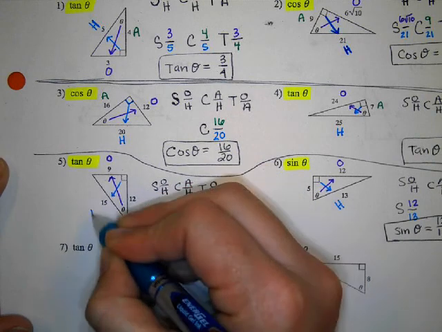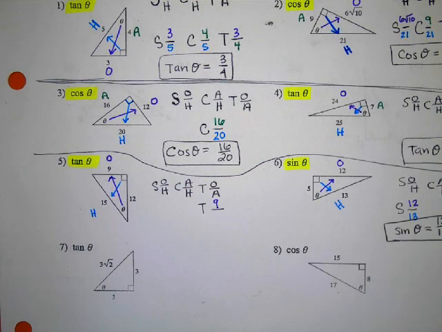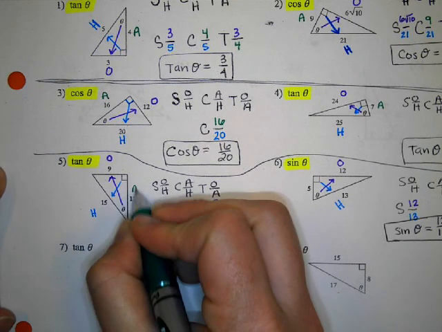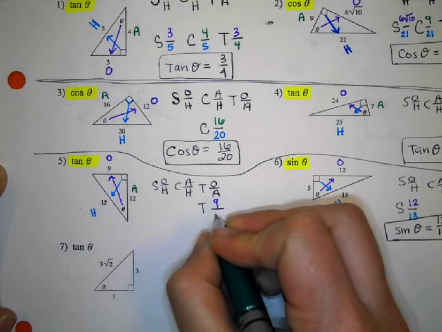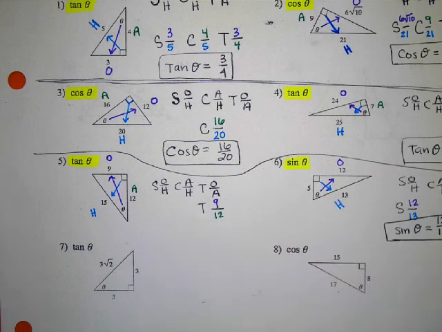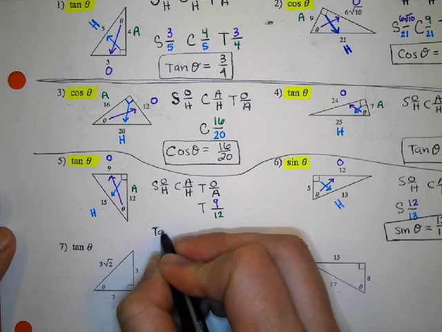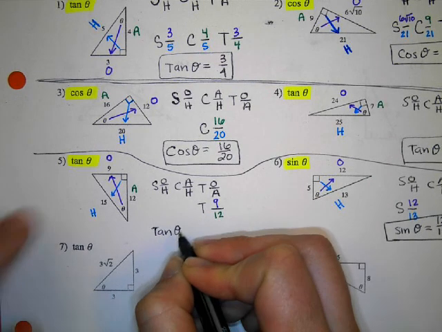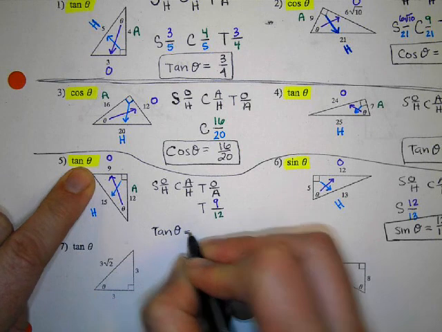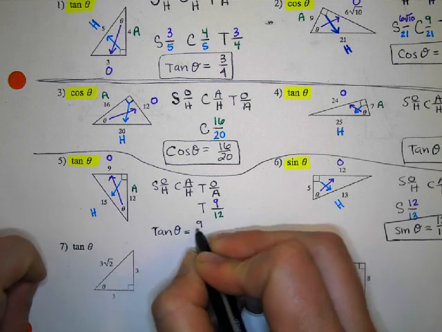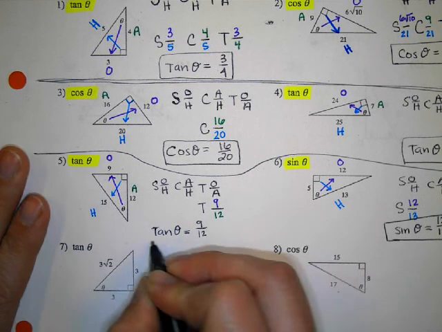The hypotenuse is easy for me to find. Hypotenuse is across from the 90, which means the adjacent has to be this 12. It's between the two angles. So I will write tangent of my angle equals the side over the side.